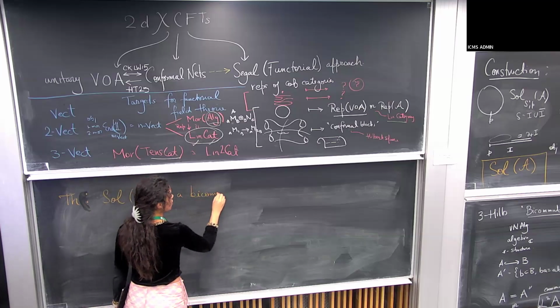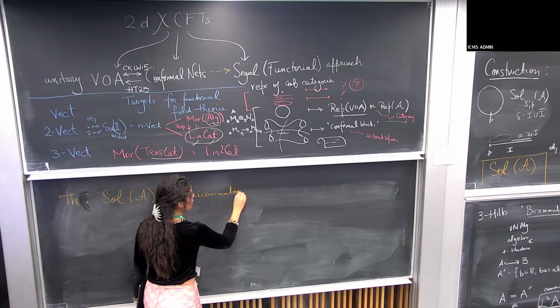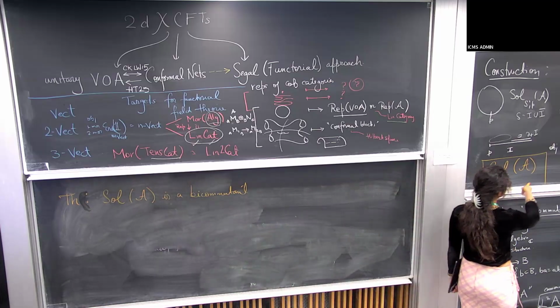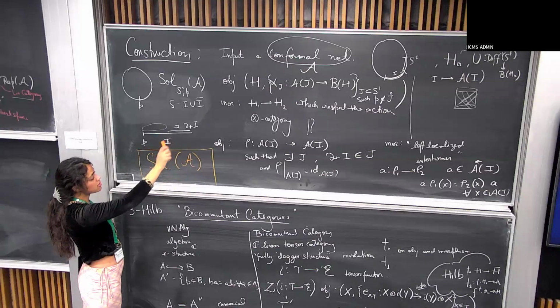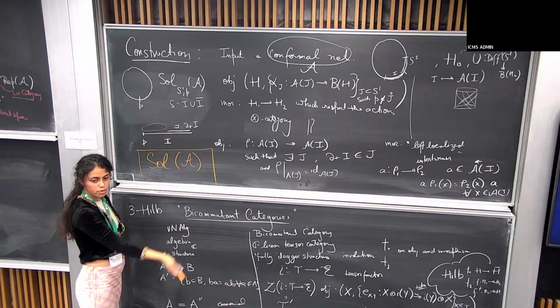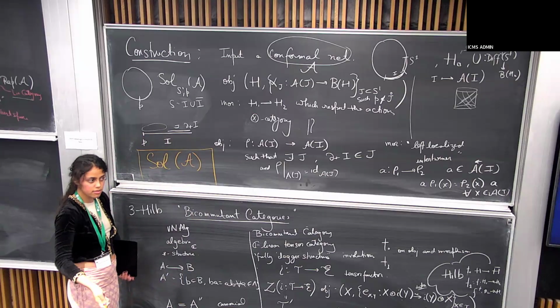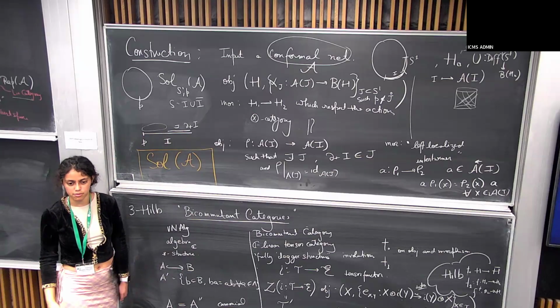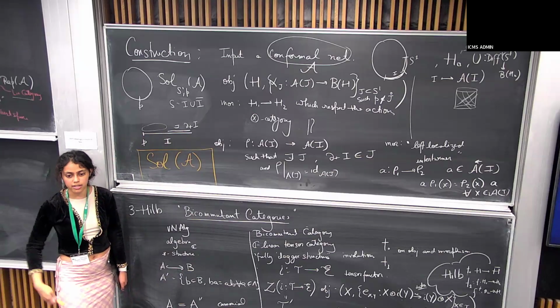There's a definition of finite index for a conformal net, and that property fails for the Virasoro net for central charge greater than 1.